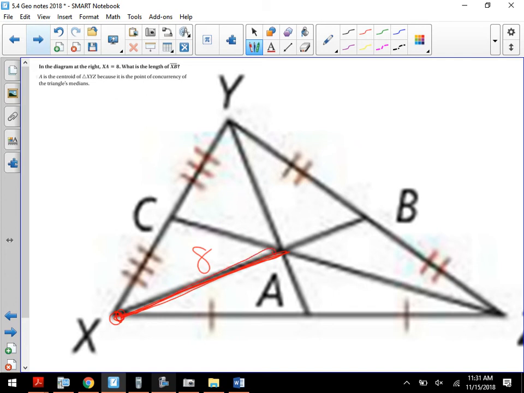Vertex to centroid is 8, which means centroid to side is 4, which means the whole thing is 12. Getting there? Don't worry about all those fractions. It should be pretty easy.